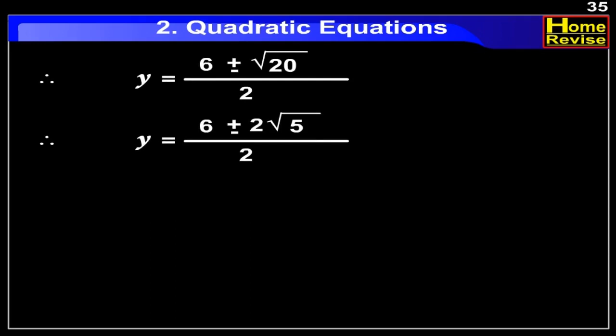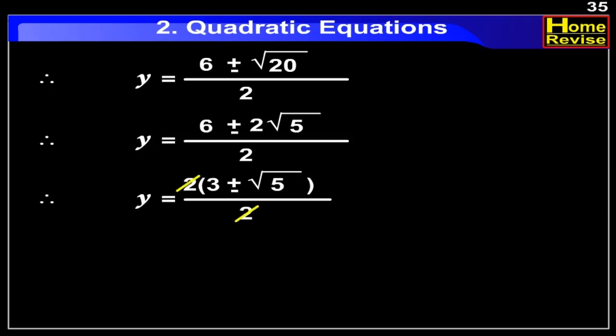Taking out 2 common, we get y is equal to 2 in bracket 3 plus or minus root 5 upon 2. Here 2 gets cancelled out in the numerator and denominator, and we get y is equal to 3 plus or minus root 5.